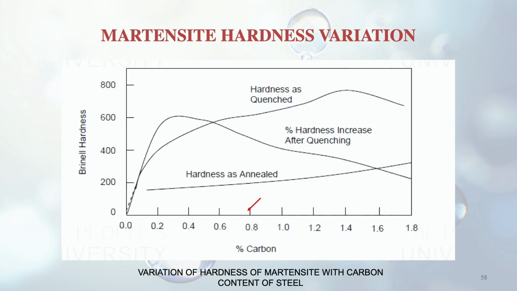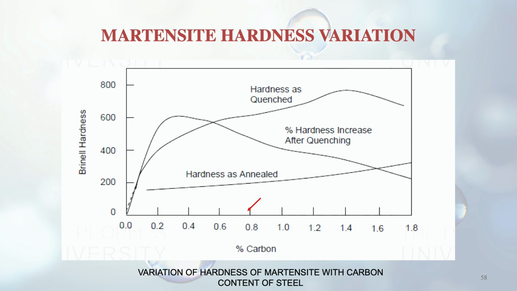So here also is the case. This figure is illustrating that. The red line marks the 0.8% carbon, with an arrow showing 0.8% carbon, and leftward and rightward the variations are there. So we can see from this figure how the hardness varies with carbon content.